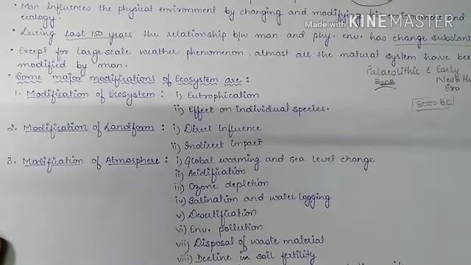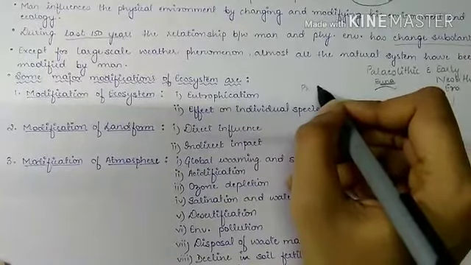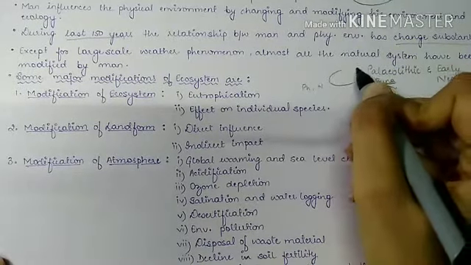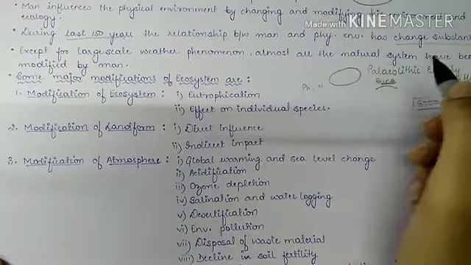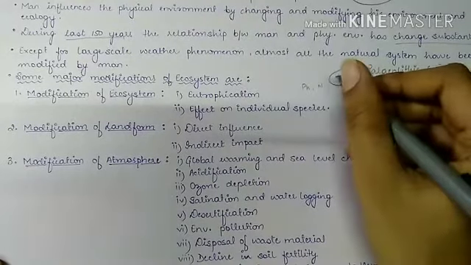See, the impact of man on the physical environment is quite substantial, and the processes of human-induced changes are getting accelerated. So some of the impacts on the ecosystem are: first, we can see eutrophication. See, as I've told you earlier, eutrophication occurs when some nutrients like phosphorus and nitrates are introduced in any ecosystem like lakes, ponds, etc. When they are introduced, they induce the growth of flora and fauna.